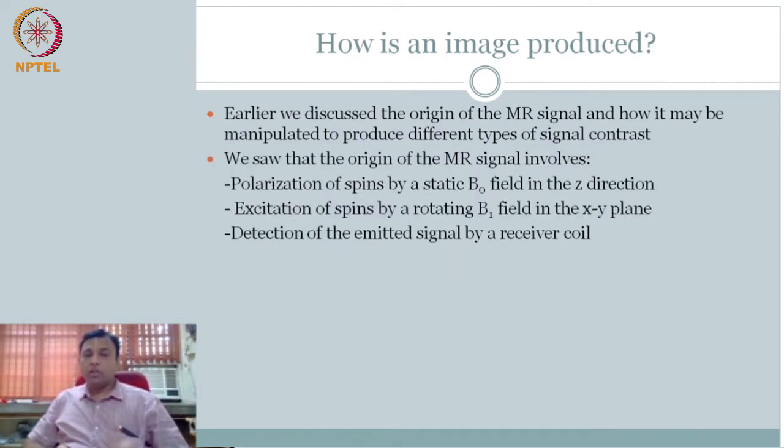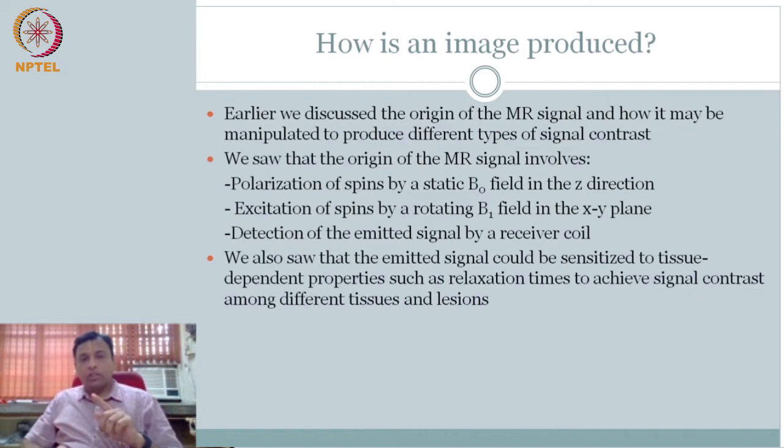We talked about polarization of the spins in a static field, and then applying RF excitation, the B1 field, in the XY plane, and then detecting the signal using a receive coil. We also talked about different ways to make sure that what you are receiving is sensitive to certain attributes of the tissue property: your T1, T2, proton density, right?